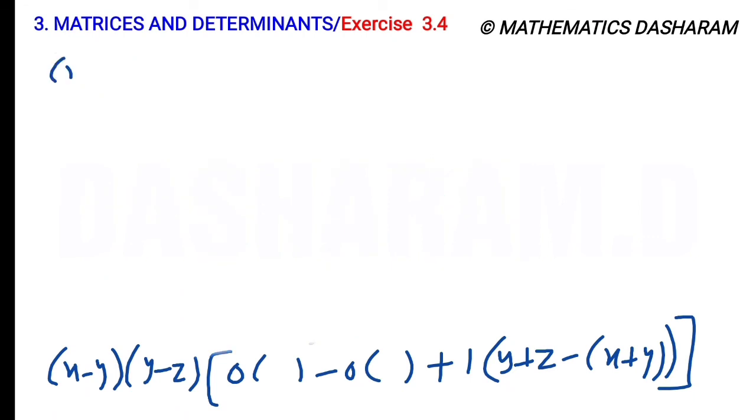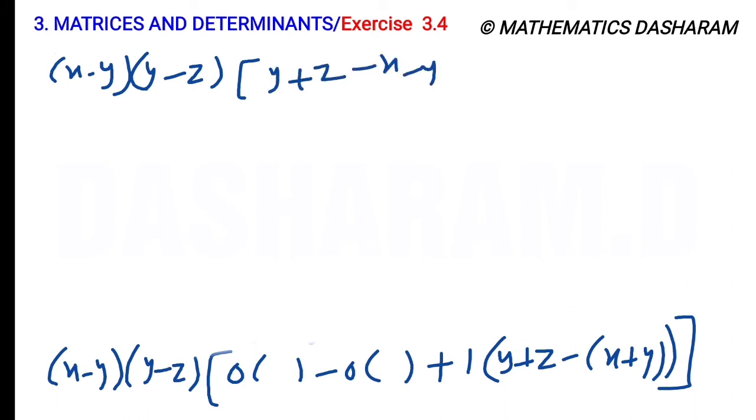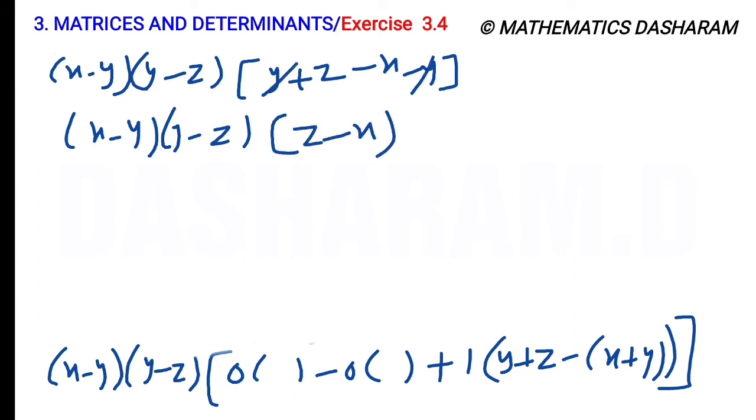So now it is equals to x minus y, y minus z into, say it is a total 0, so then y plus z minus x minus y. So x minus y into y minus z into, so here plus y minus y cancel, z minus x. So the final answer is x minus y, y minus z into z minus x.